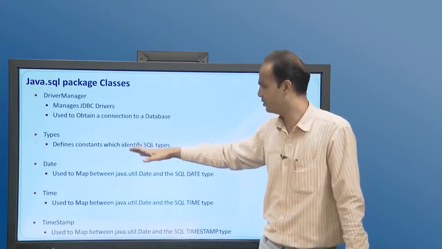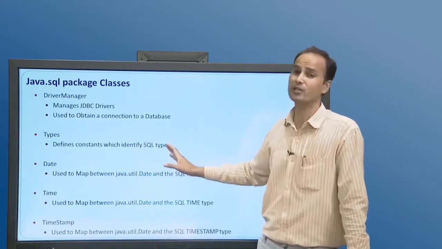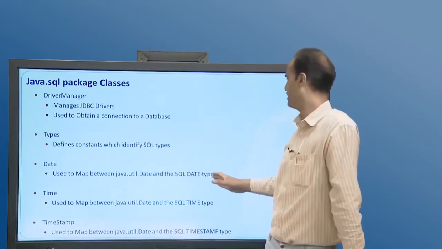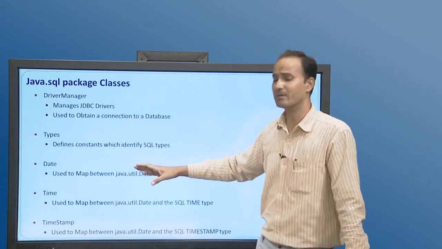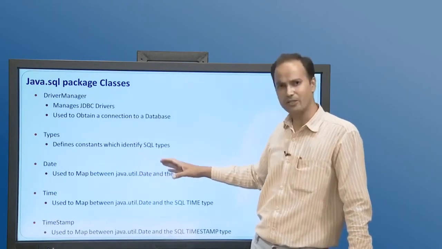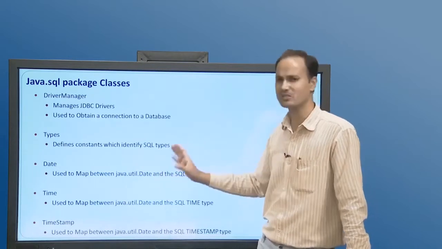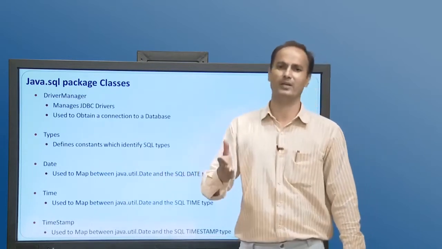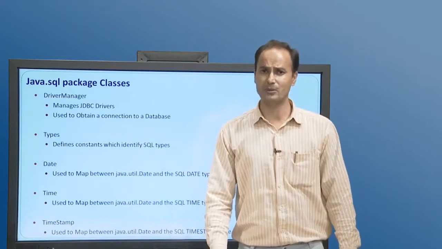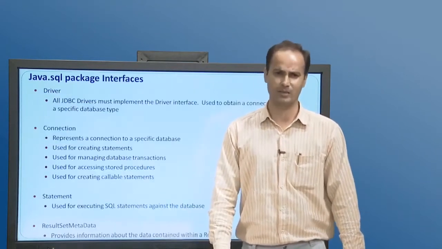The Date class is used to map java.util.Date to the java.sql Date type. The Time class is used to map java.util.Time with SQL Time. The Timestamp class is used to map java.util.Timestamp with the SQL Timestamp.